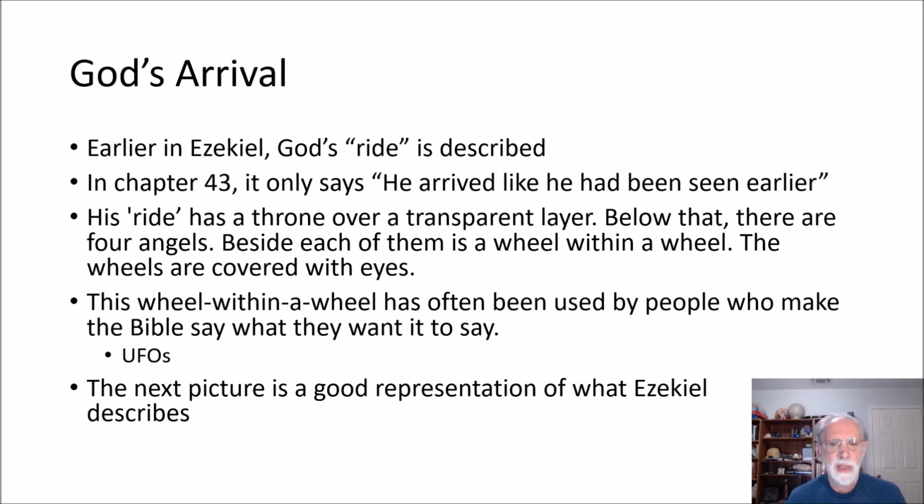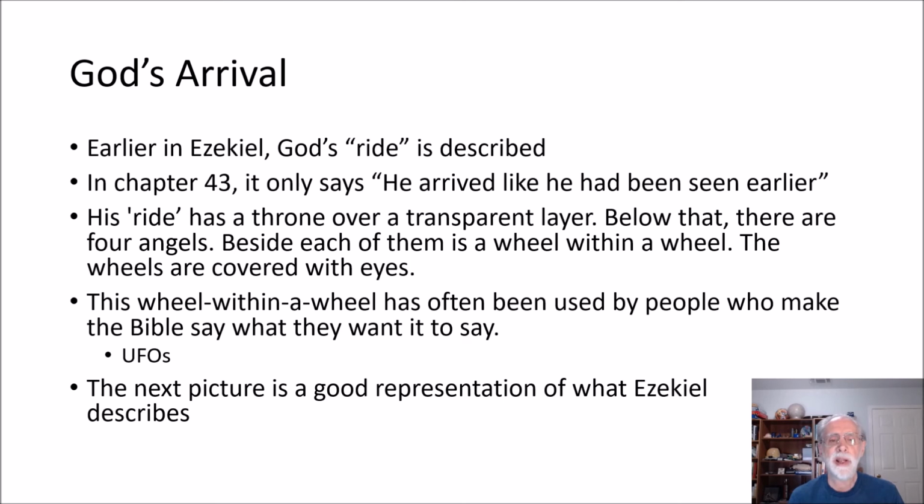So his ride has a number of things that are very characteristic of this vehicle. It has a throne, a seated throne where God is seated, and around that throne there's a rainbow of light. Below that throne and the rainbow, there's a transparent layer of a certain thickness, and the throne is kind of riding on this transparent layer, whatever it is.